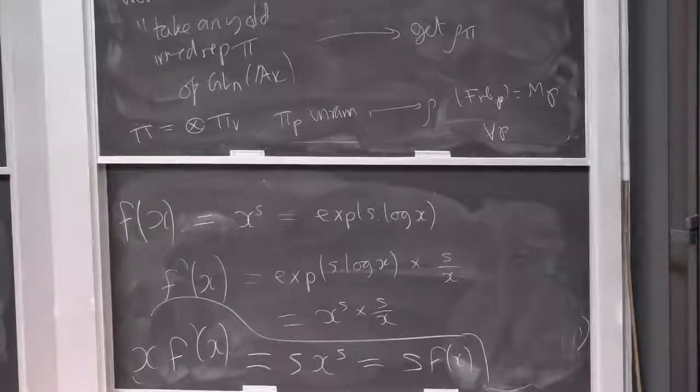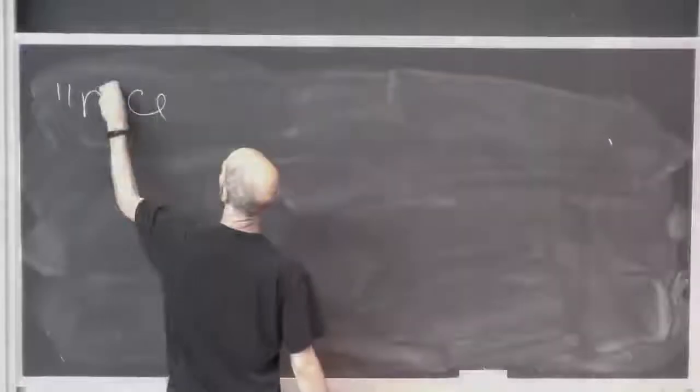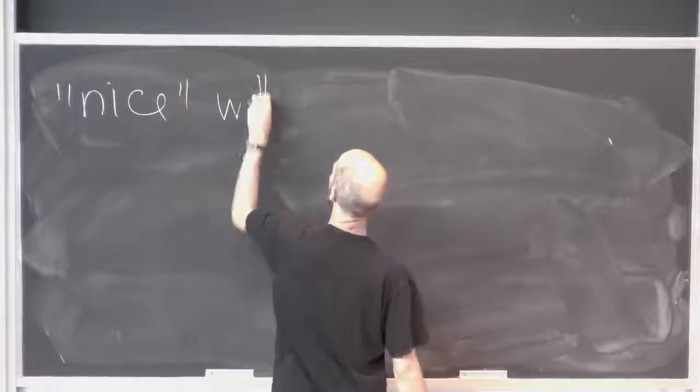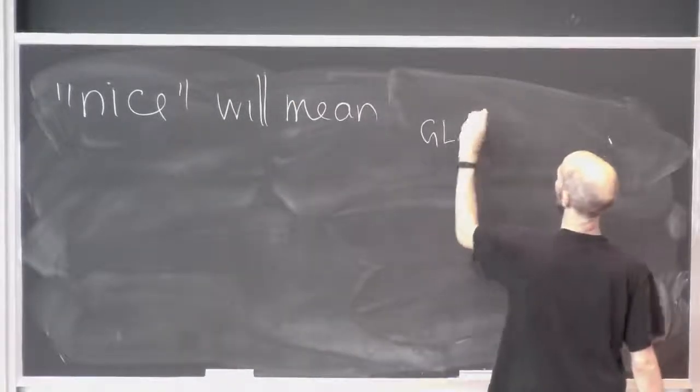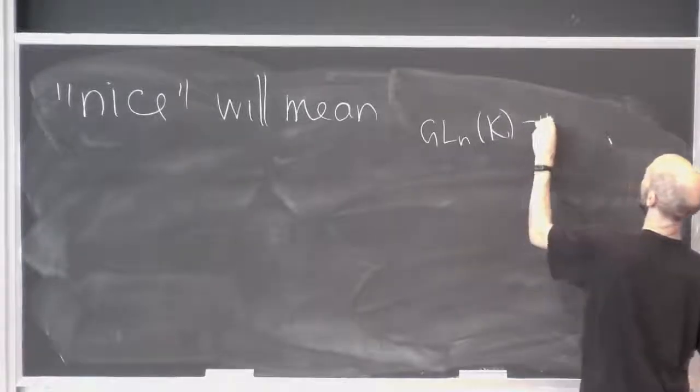So what does nice mean? Well, obviously GLN of K invariant.